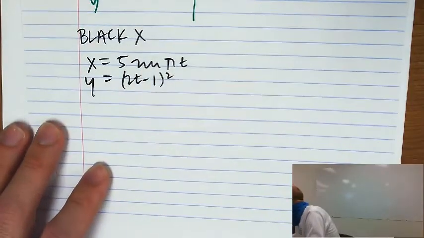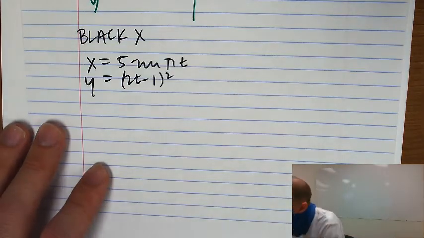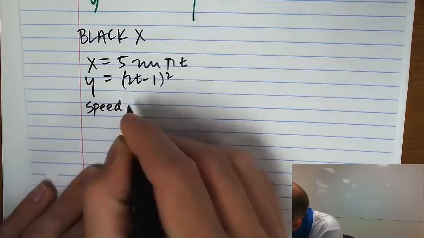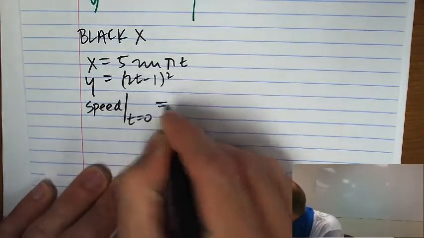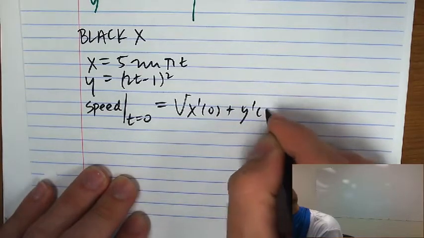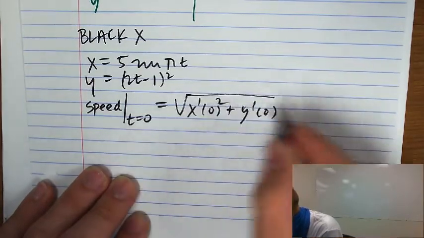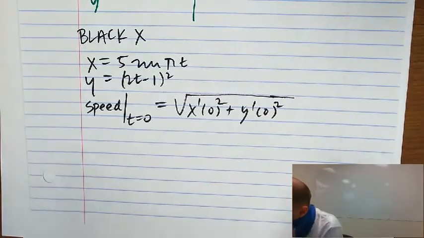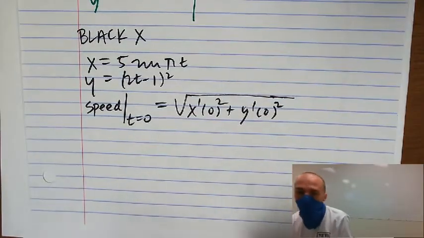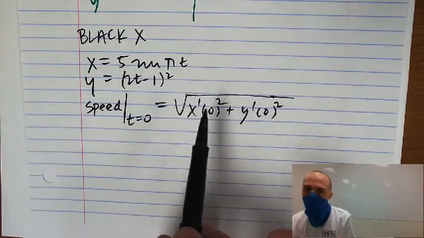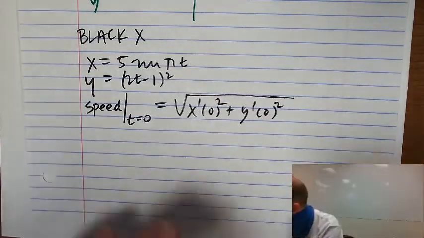Okay. The speed of the particle at time t equals 0 is going to be, okay, so the square root of x prime of 0 and y prime of 0, each of them squared, added together. So what I'm going to do, I think that I can do the derivative step faster by hand than typing through Math 8. Who knows?